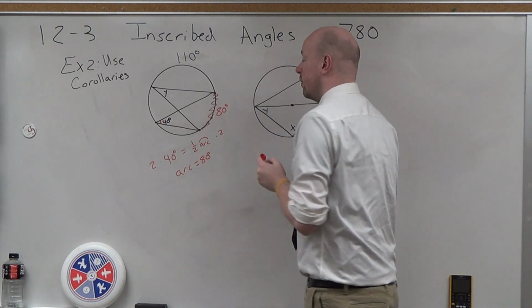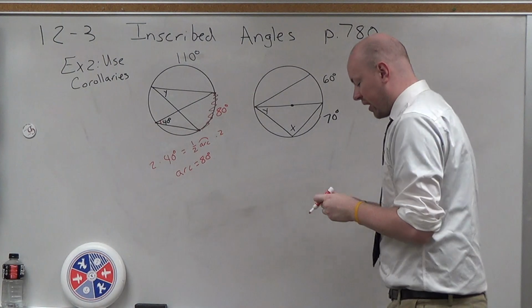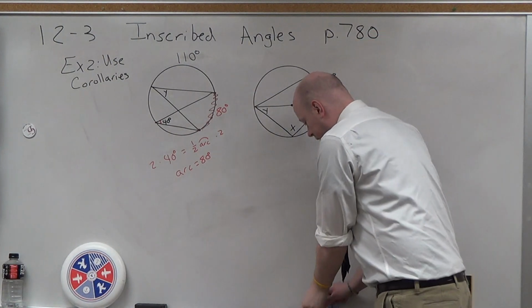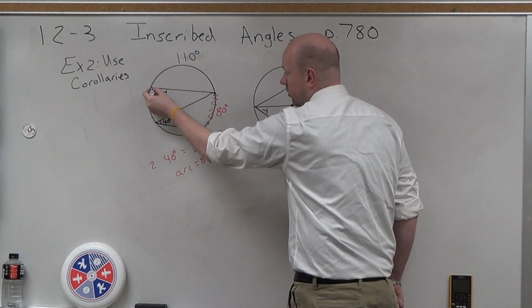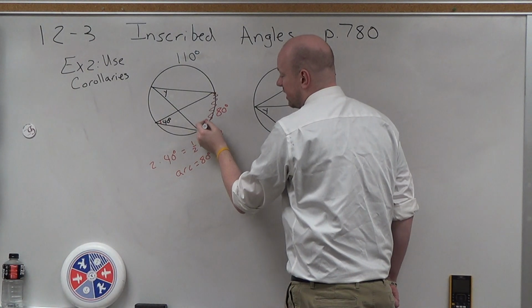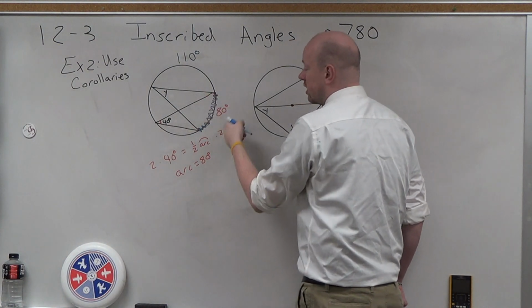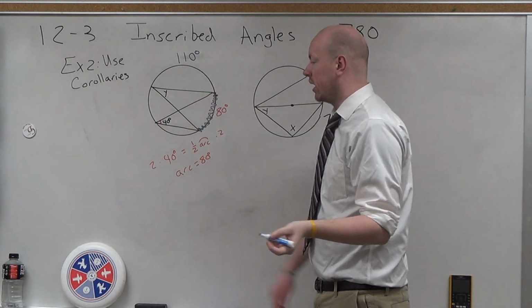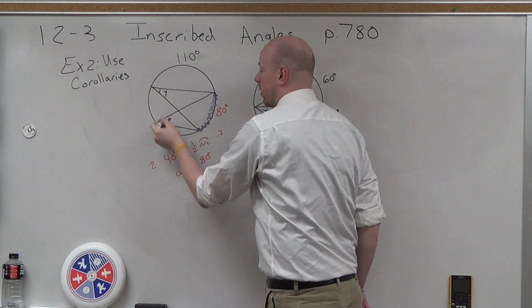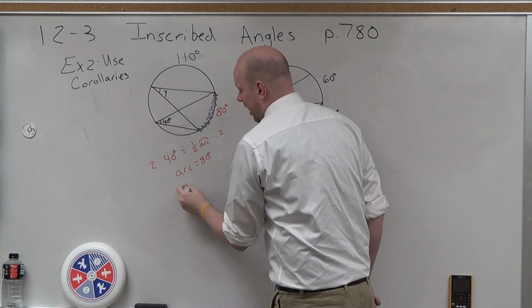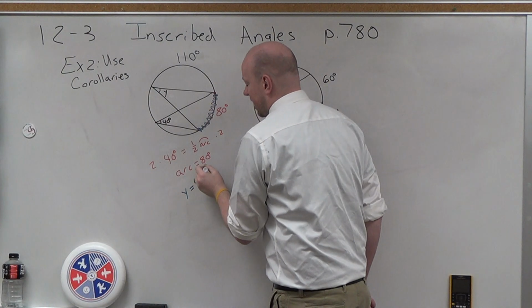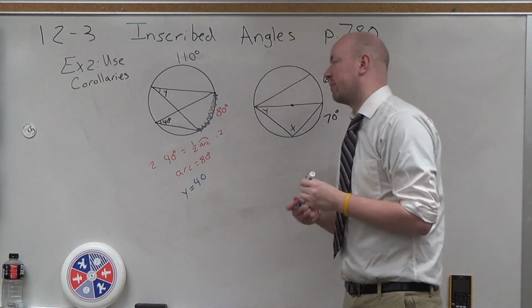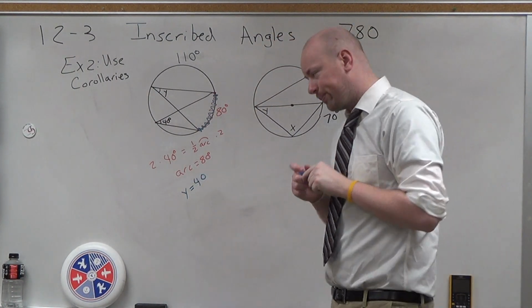Which is good because, off my corollary, my y value intercepts the exact same arc, so it would be half of 80, or 40, which goes to show that my corollary was true, that those are the exact same value because they intercept the exact same arc.